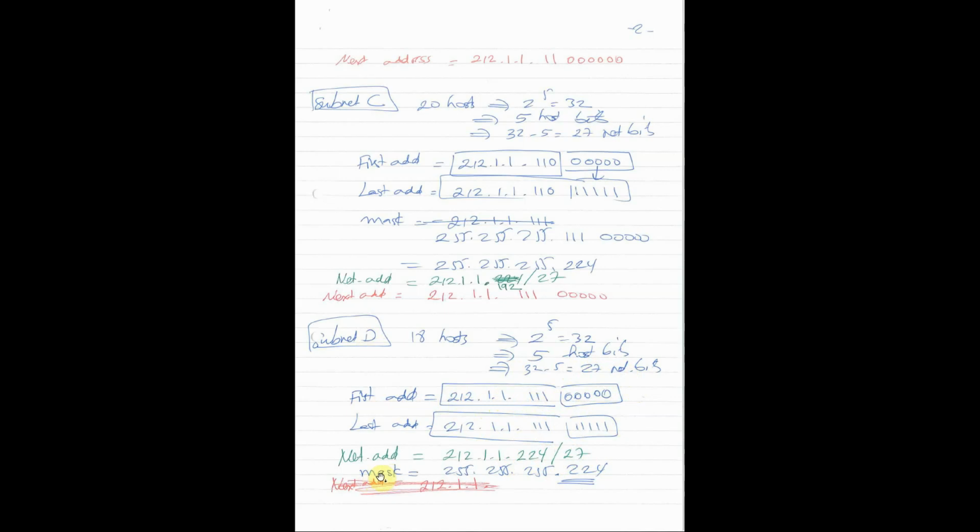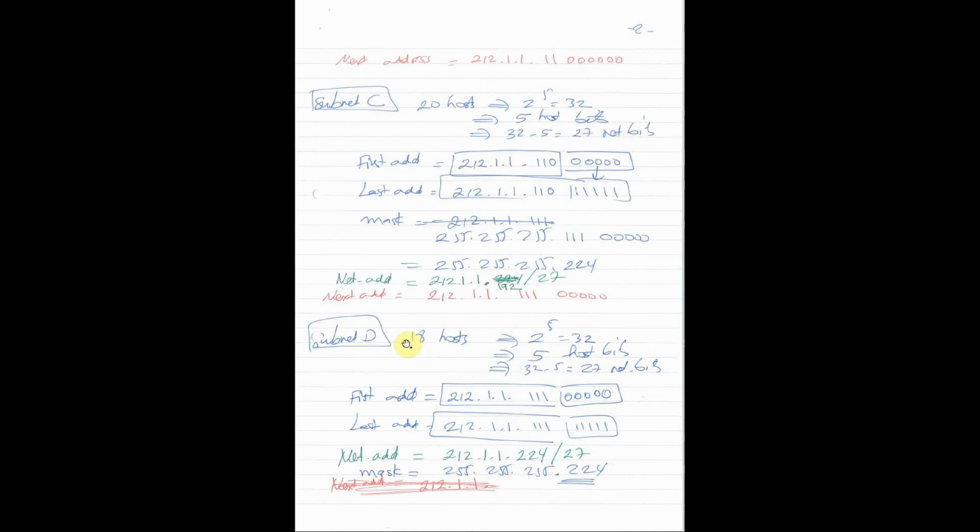And the mask is simply 27 ones followed by 5 zeros, which is 255.255.255. These are 24 ones, followed by another 3 ones and 5 zeros, which has a decimal equivalent of 224. So this is the subnet mask that we use for subnet D.